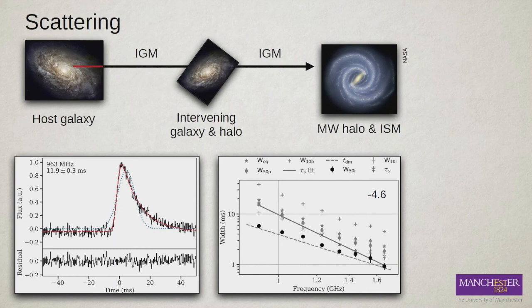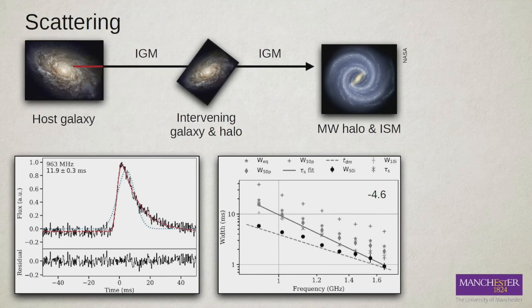The next thing that I want to speak about quickly is scattering, because that's a quite important measurable quantity for FRBs, because it directly probes the turbulence in the ionized media that an FRB traverses, such as the host galaxy, the IGM, any intervening galaxy, and then the local environment, the Milky Way halo and the ISM.